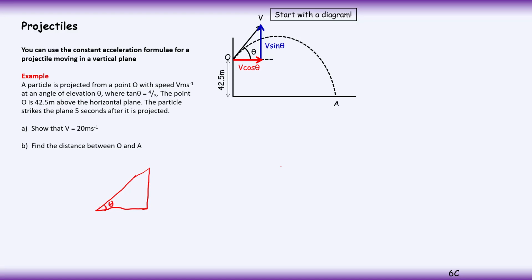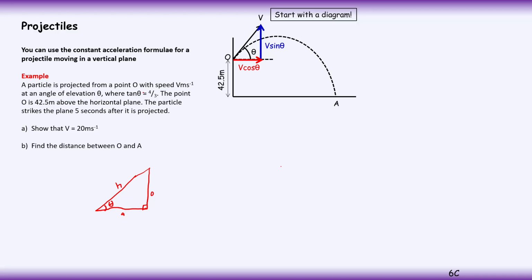That's theta, and they tell us that tan theta is 4/3. Now, with a right angle triangle, this is the hypotenuse, the longest side. In relation to theta, this is the opposite side, and this is the adjacent side next to theta.